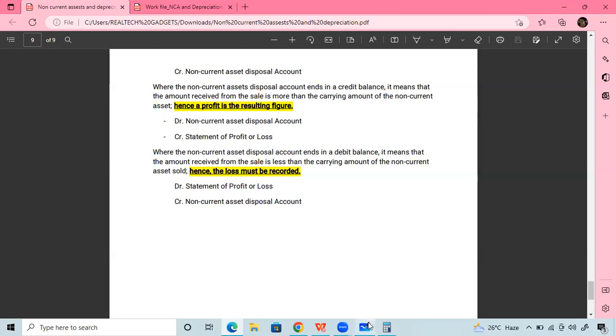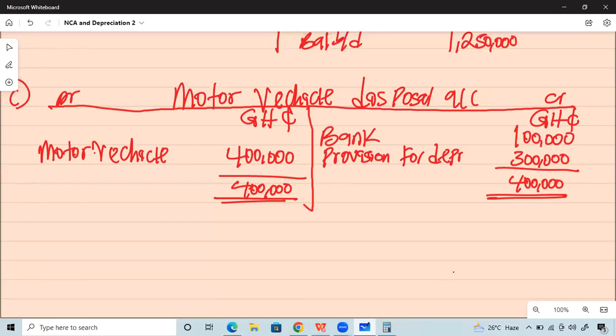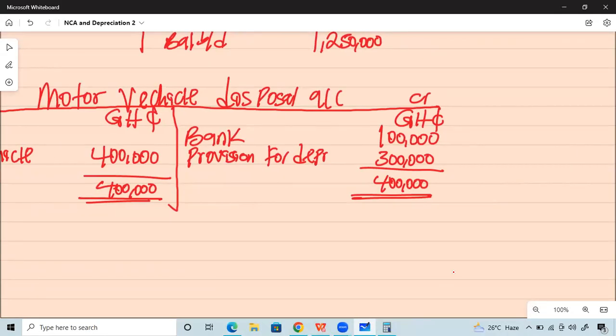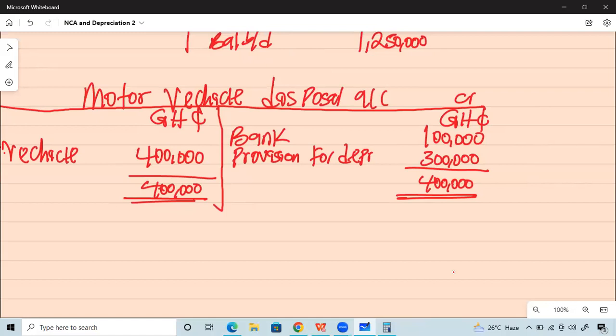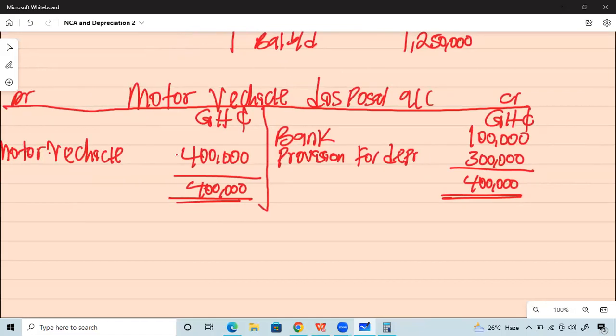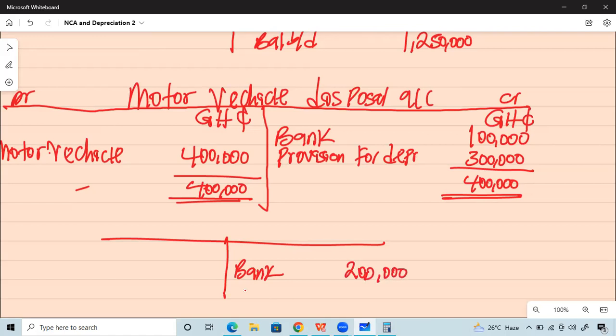Let me use another example. Let's say this is my disposal account. In the bank, I receive 200. The provision for depreciation is 300.